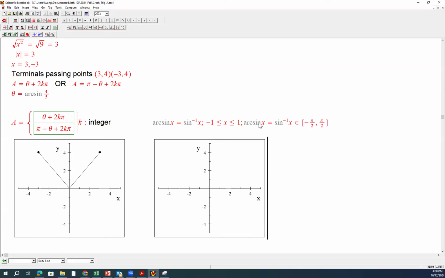When we define arcsine, in future lessons I will explain to you how arcsine is produced. But in this case, we're just going to use it. When we use arcsine, we need to know we no longer have 4 quadrants.